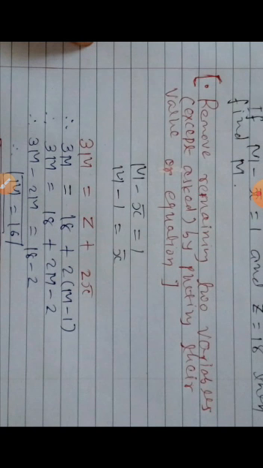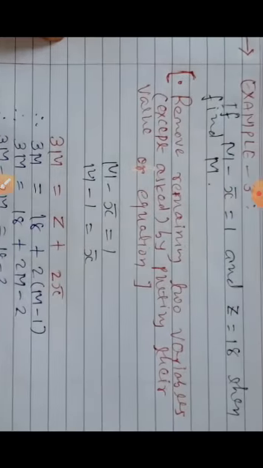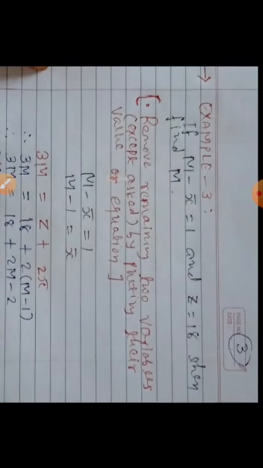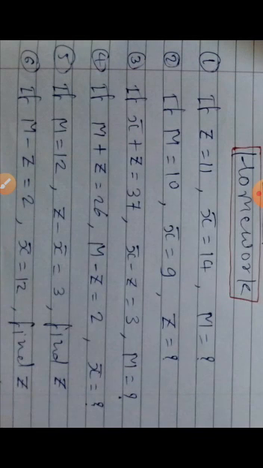Mostly these types of questions are asked for 1 mark, but sometimes they can be asked for 2 marks. Now I am giving you homework in the video only, not separately, because you will not find these types of questions in a worksheet. Hardly will you get any. So I have given 6 sums, each type having 2 sums.